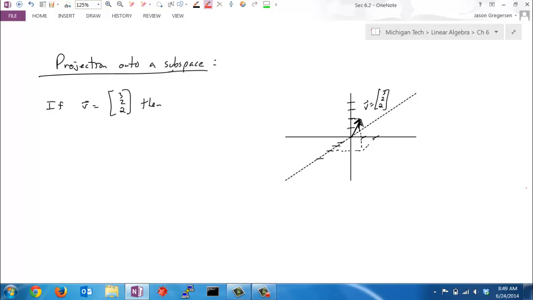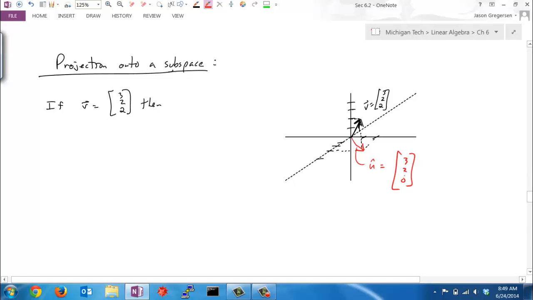Well, I kind of know the answer in this case. Now, what do I want the answer to be here? What do I want this vector to be? If I cast the shadow of that vector straight down onto the plane, what do you think that vector would be? 3, 2, 0, we'll call it.